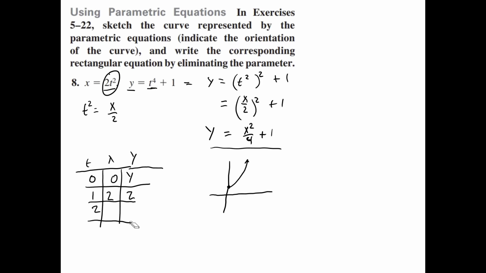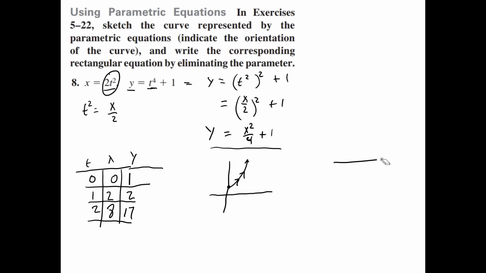And if t is 2, then x is 8 and y is 17. And so then you can see that you start here at 0, 1, and then go to 2, 2, and then go to 8, 17. So your direction is in this direction.